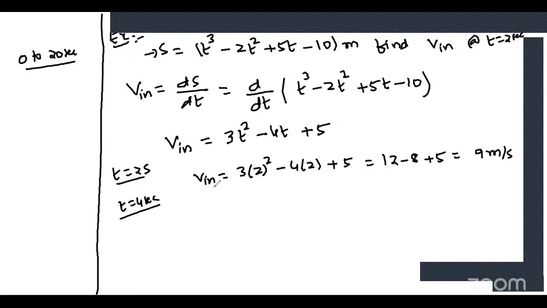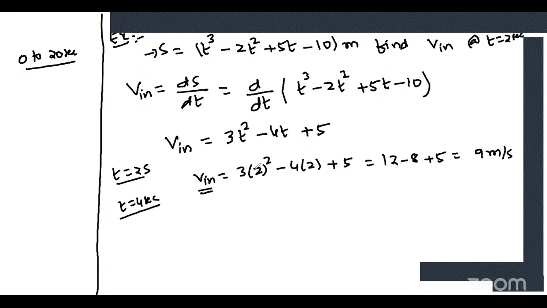Velocity will be indicated with V. Velocity is defined as the rate of change of displacement, that is nothing but dr by dt. Instantaneous velocity I'll keep as V_in.